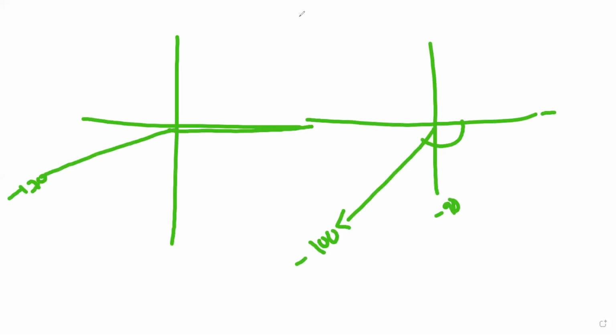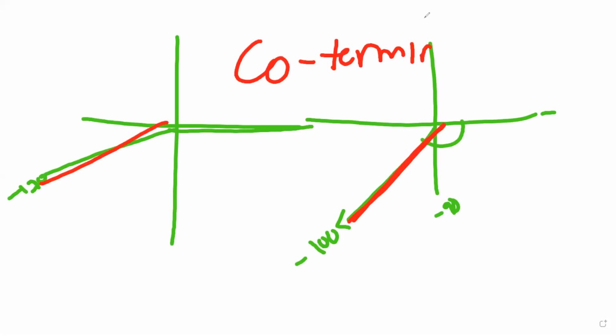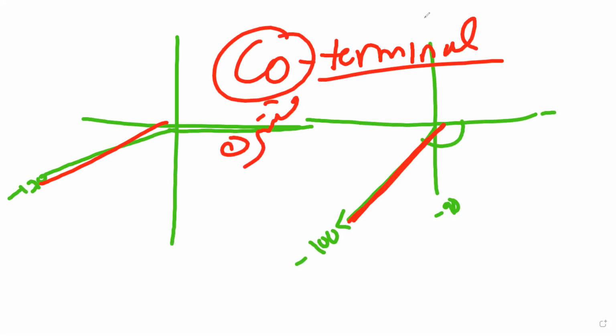No, coterminal means they have the same terminal side. That is from its name: co-terminal. Co means shared. So they have the same terminal side. Even if they are not the same, you have to say negative 100 and 180 from here, plus 70.